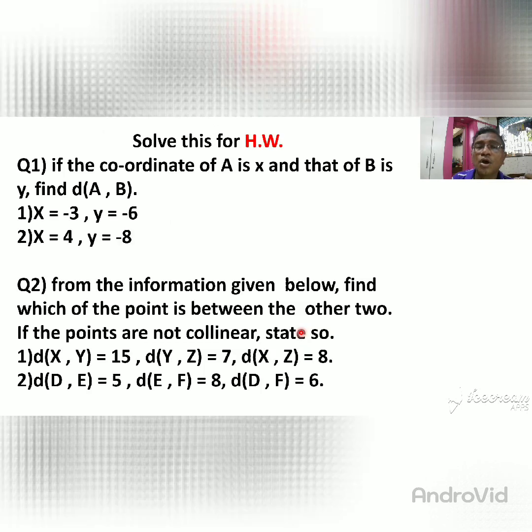I hope that all of the students understand very well, whatever was the thought in question number 2 in practice set 1.1 that we have learned. Whatever problems remain in practice set 1.1 were learned yesterday. So here the question is given the same: A coordinate x and B coordinate y, and you want to find the distance AB.